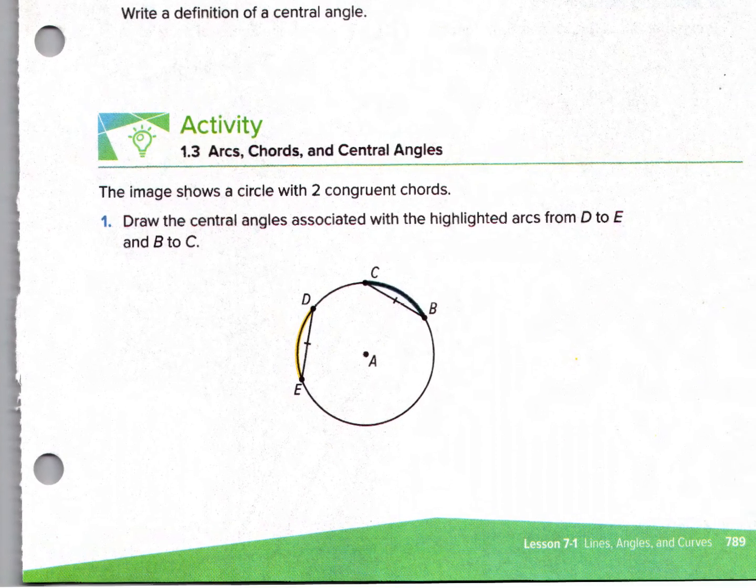So we have a theorem that congruent arcs have congruent chords, and vice versa is true. So in this picture, I can see that the chord from C to B, so CB, that chord, is congruent to DE.